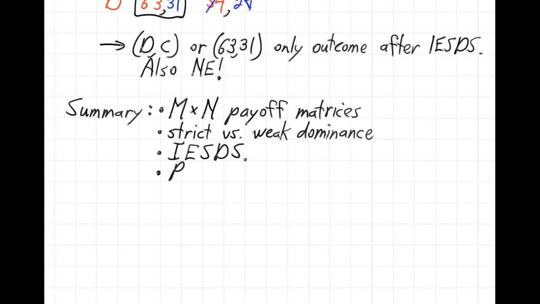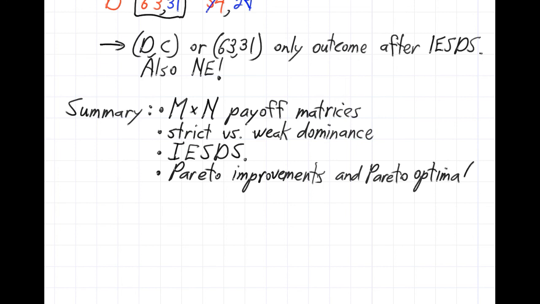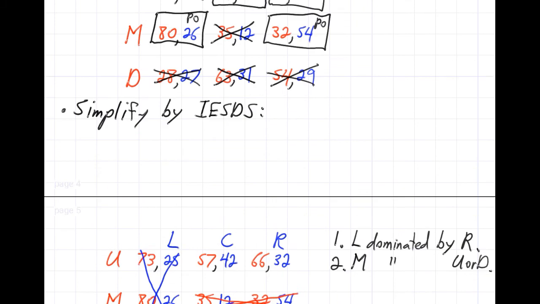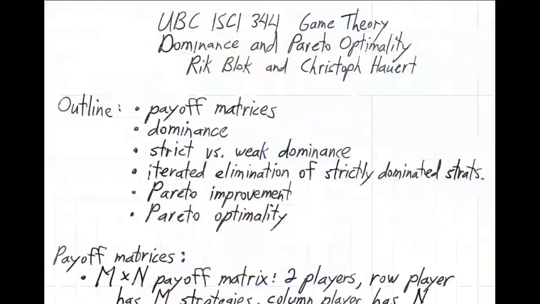And we talked about Pareto improvements and Pareto optima, which we denote PO. Maybe just before I end, we should review whether there are any terms here that you should keep in mind.